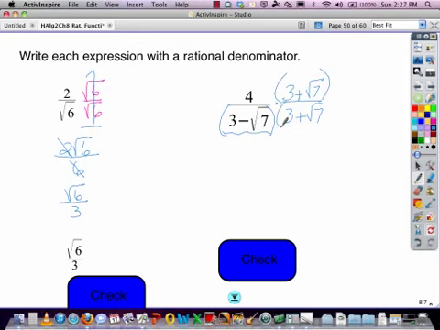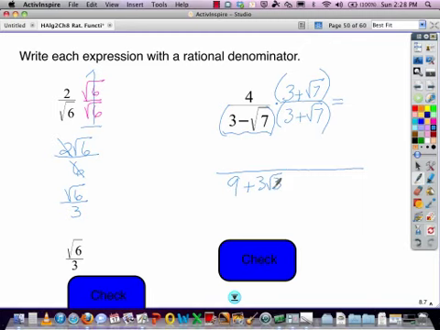And again, because your focus on the denominator cannot have any radicals in it, I would definitely start there. So here we go. Here's my big denominator, because we got several things. First times first. 3 times 3 gives me a 9. Outsides will be 3 times that positive root 7. So 3 root 7.